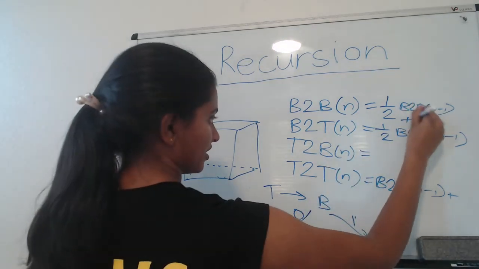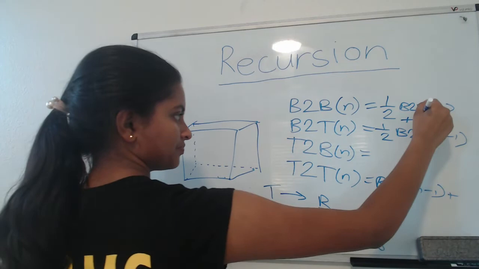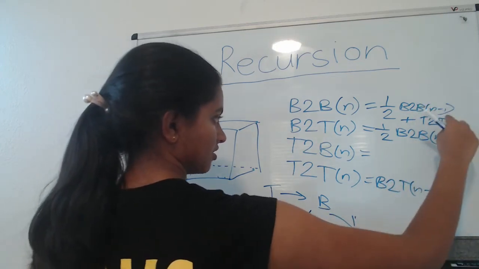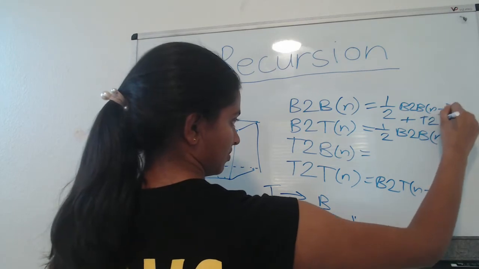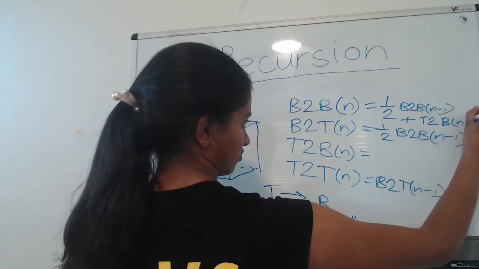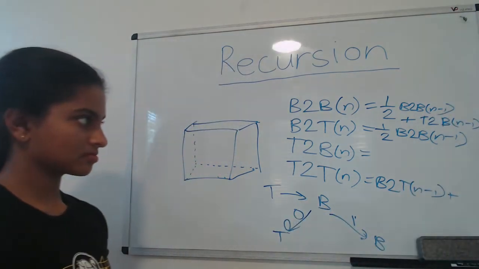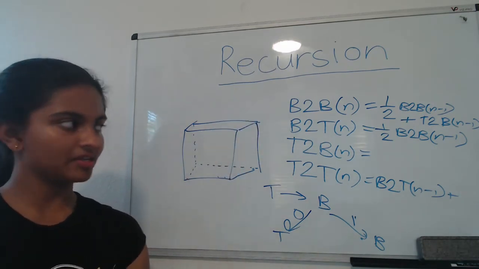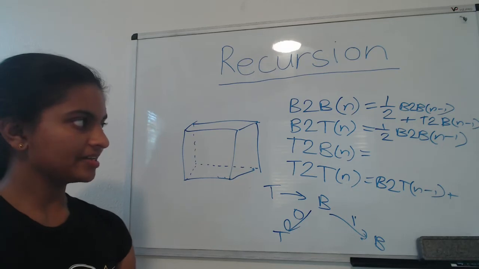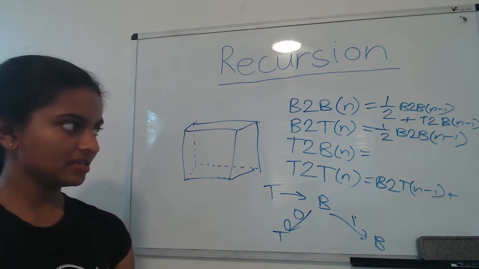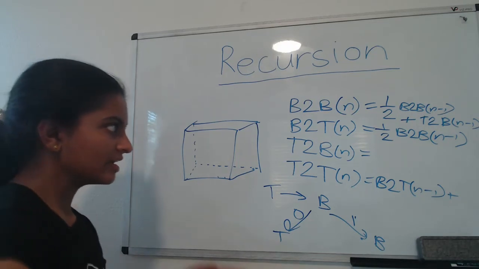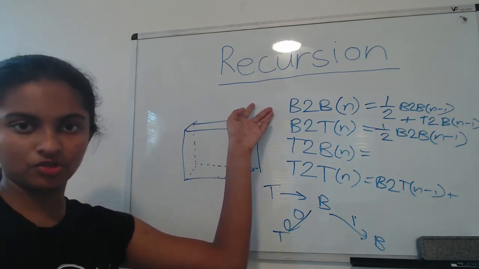So here we can add plus t to b, n minus 1. Note, in case this is hard to read, it says b to b of n is equal to 1/2 b to b n minus 1 plus t to b n minus 1, because all of t to b n minus 1 has to feed into the b to b stream.